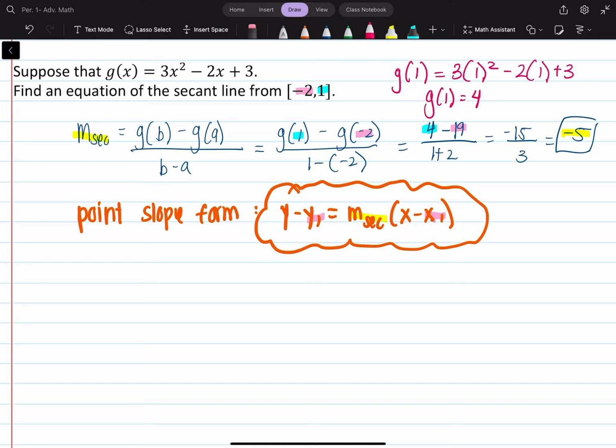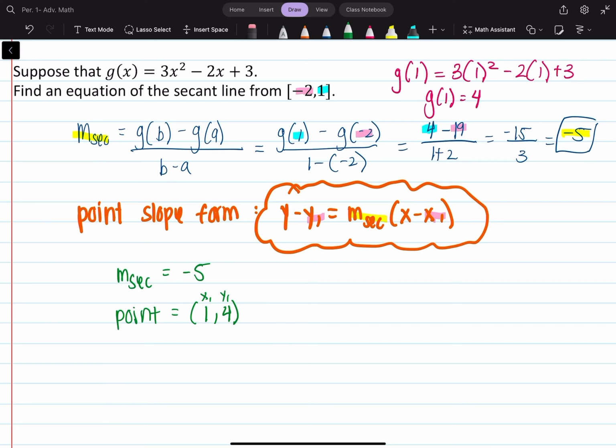So you can choose one of those coordinates as your x1 and your y1. And it doesn't matter which one you choose, you will get the same answer at the end. So we'll say that the slope of the secant line we know is -5. For today's example, I will use the point (1, 4), right? So in this case, this would be my x1 and this would be my y1.